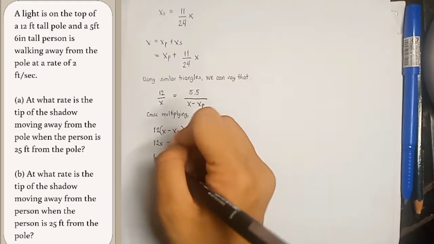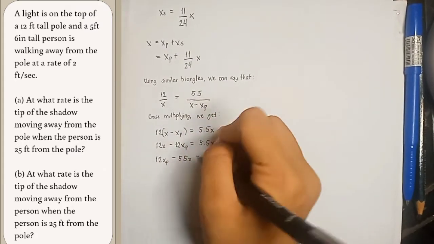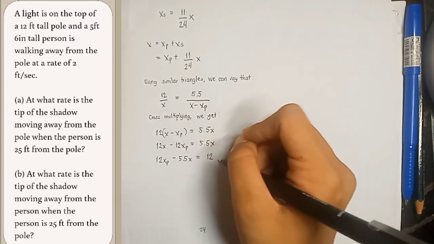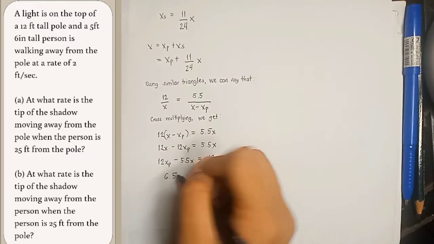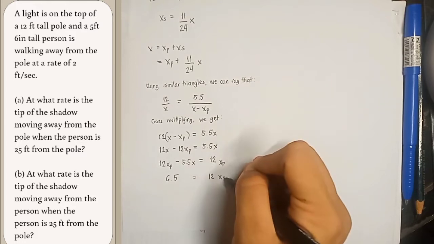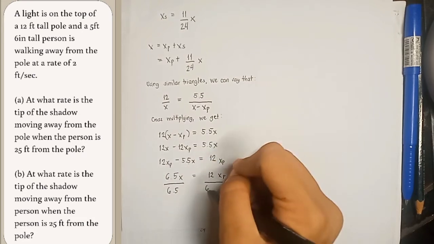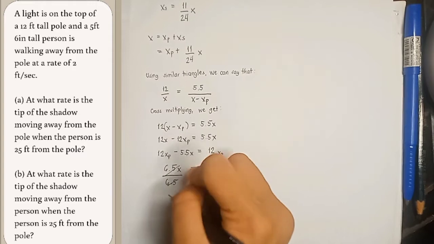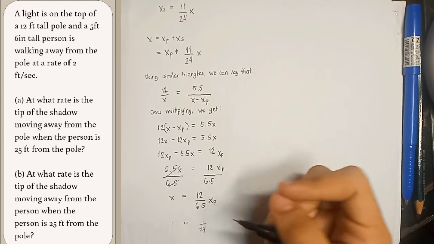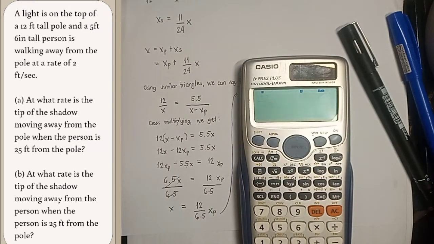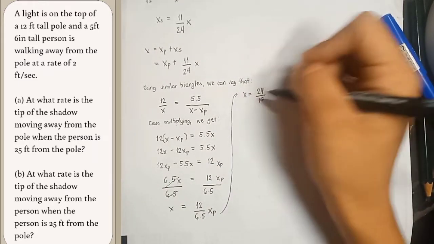Then we need to transpose 5.5x, so that will be 12x minus 5.5x is equal to 12 x sub p. 12 minus 5.5 is equal to 6.5, so 6.5x equals 12 x sub p. Then divide both sides by 6.5 to get x. x equals 12 over 6.5 x sub p. Pressing 12 over 6.5 in the calculator, we get the value of 24 over 13.